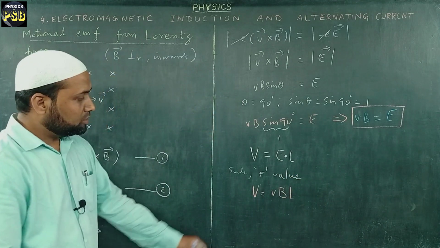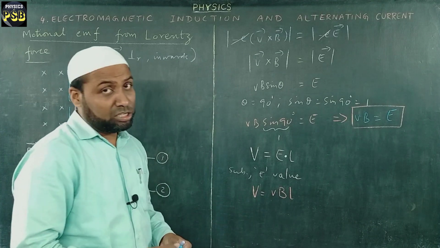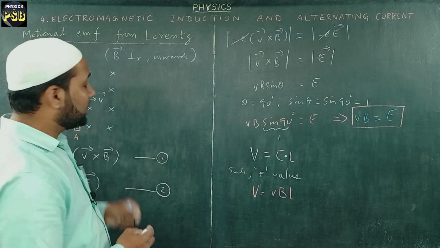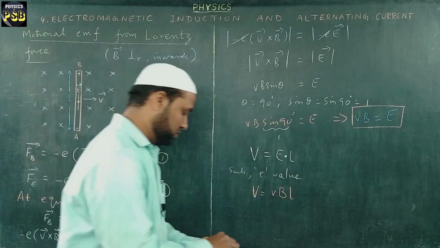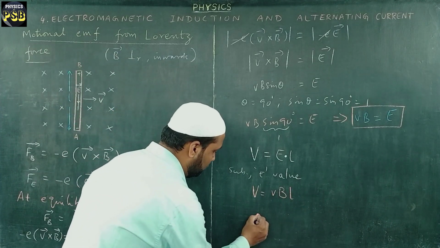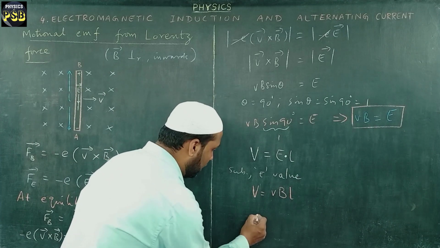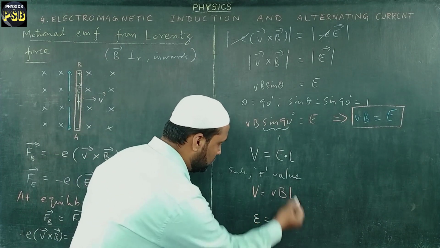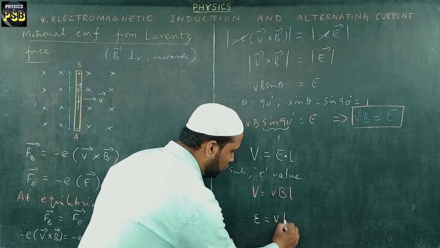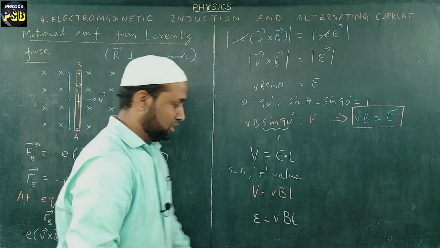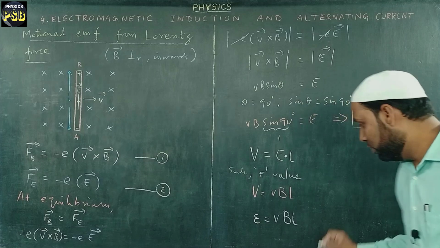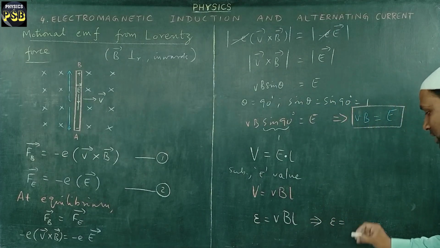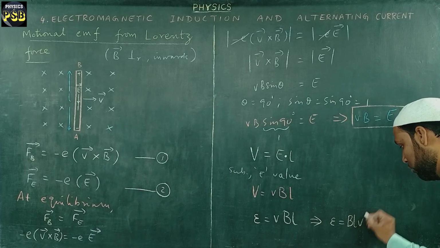Now, this potential difference creates EMF in the conducting rod. This EMF is represented as epsilon, which is equal to v B L. Here v stands for the velocity with which the rod moves. This can be rearranged and written as B L v.